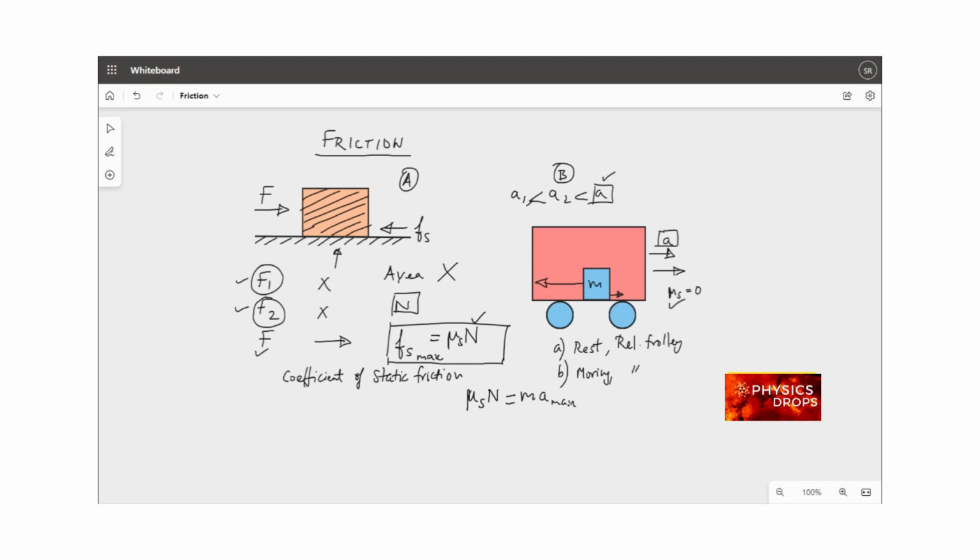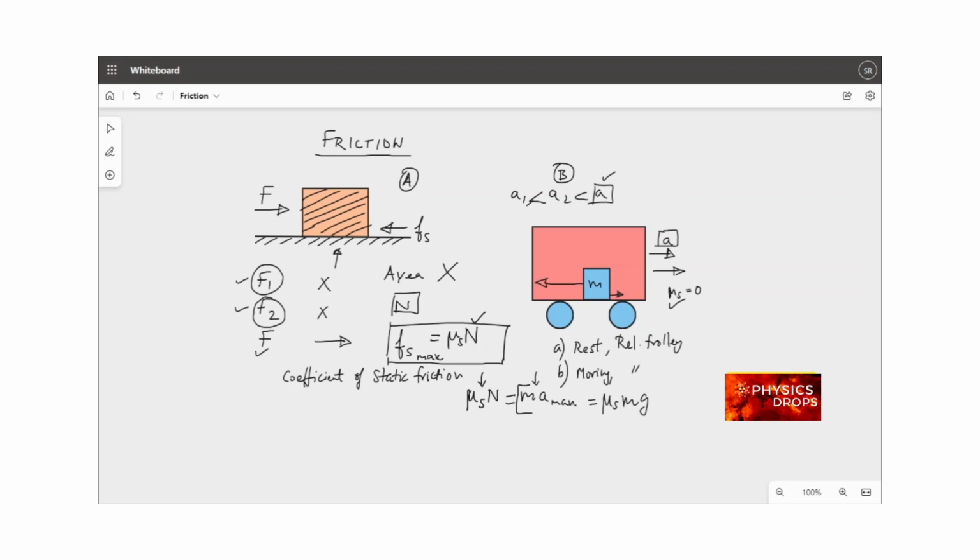Ma is the force, Newton's second law, so m times a max equals mu s times N, the maximum frictional force. And we know that mu s times N is nothing but mu s times mg, because N is the normal force, which is equal to the weight of the block of mass m.